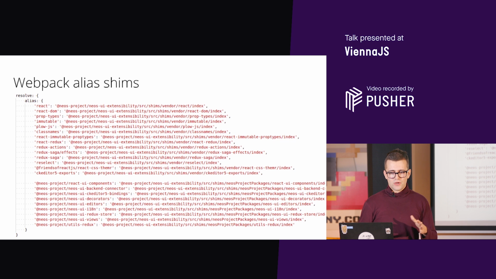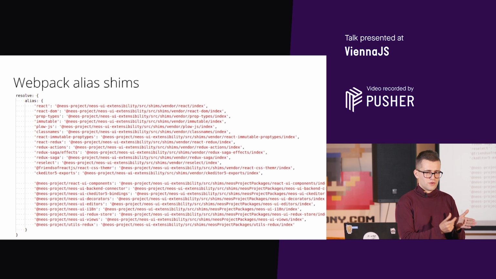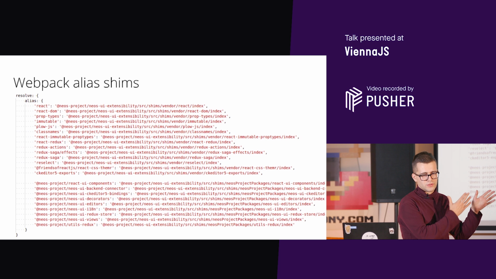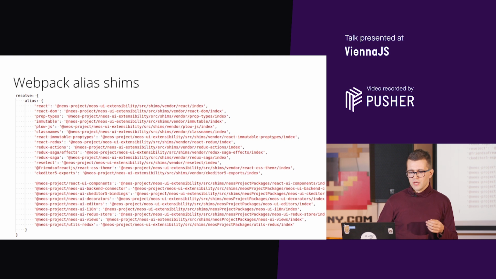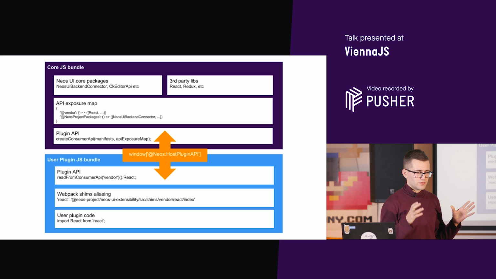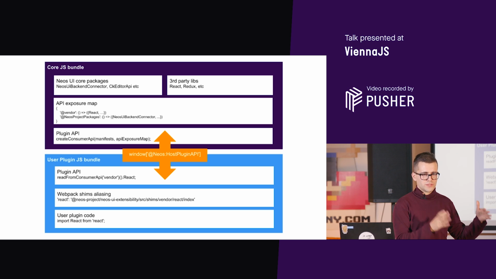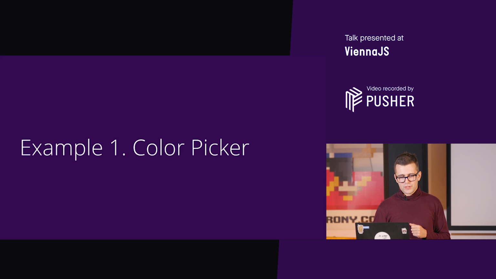And then when we are building with Webpack, we are just replacing the original dependencies with a path to this kind of fake library attached to the window object. And that allows us to have this architecture where there's one instance of React, always one instance of Redux, and all plugins, no matter at what point in time they're loaded, can still share it. So that came in quite nicely.